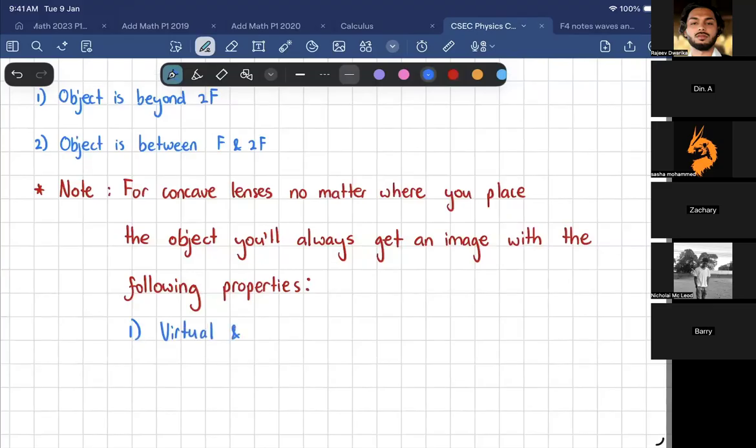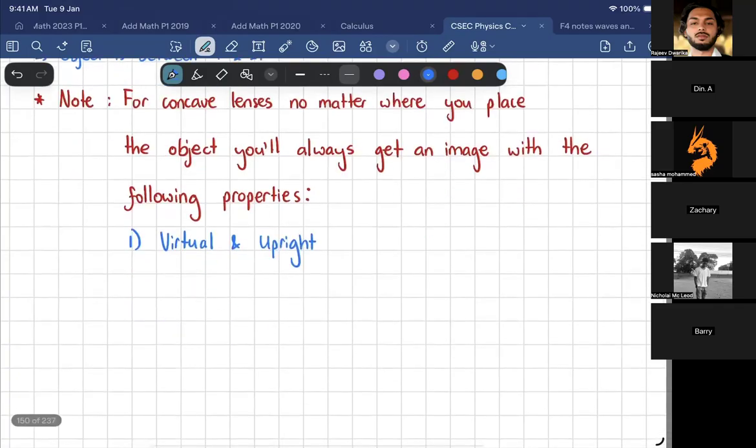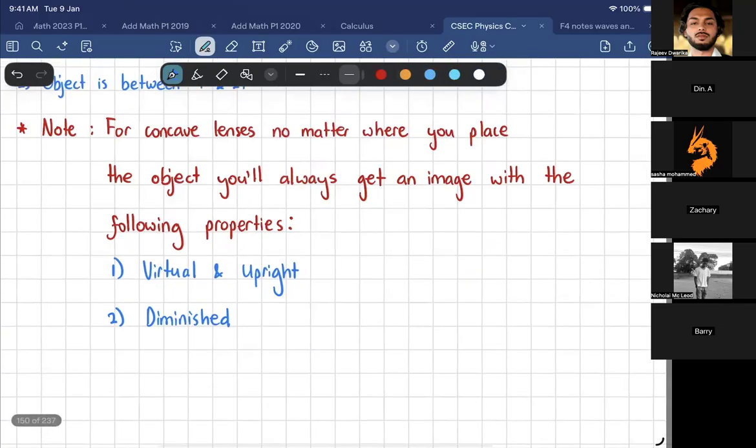Virtual and upright. Number two, it will be diminished. Probably saying, what? Virtual? What? Help me there.